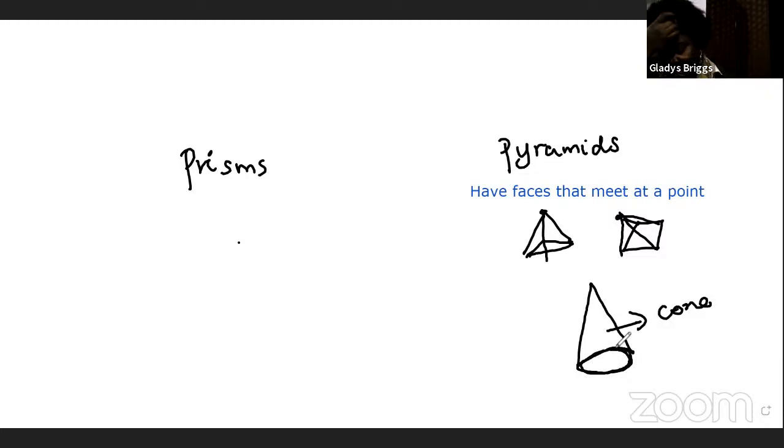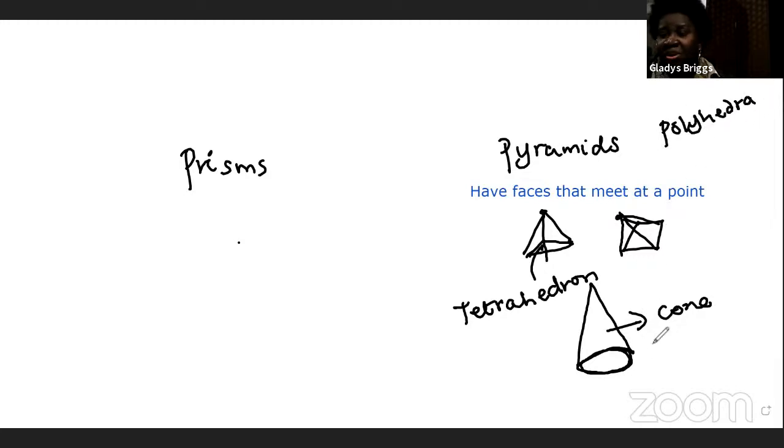Okay, the special name for this one is tetrahedron. 3 sides, 3 faces, tetrahedron. And I think they are all called polyhedra. And this one is not among them because this one is not a polygon.